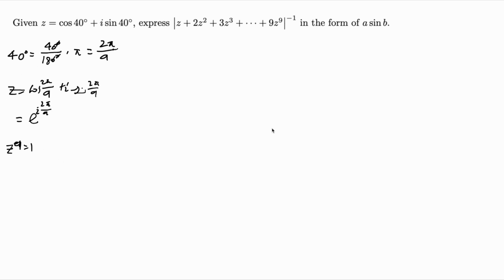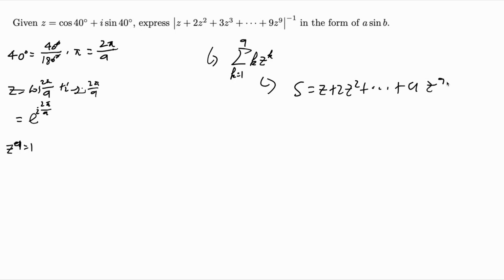And now notice that this form right here is in the form of the sum of k equals 1 through 9 of k z to the power of k. So we can change this and notice that this is an arithmetic geometric series. So let the sum S equal z plus 2z squared plus dot dot dot plus 9z to the power of 9.